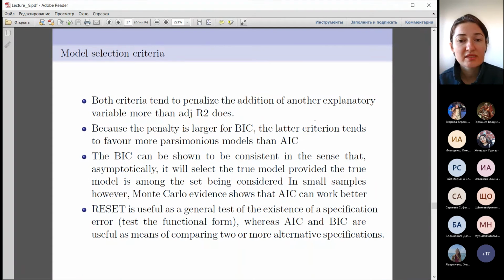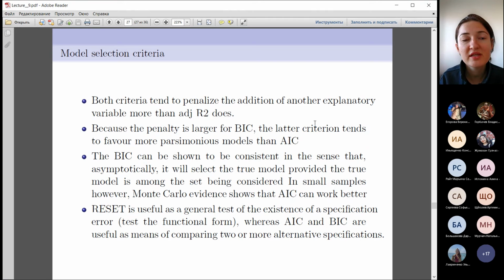And you should remember that BIC can be shown to be consistent, in the sense that it will select the true model provided the true model is among the set being considered, but in small samples, AIC can work better than BIC, I mean. And also, the difference between these criteria and the Ramsey test is that the Ramsey test is useful as a general test of the existence of some specification error. So this is a test for the functional form.